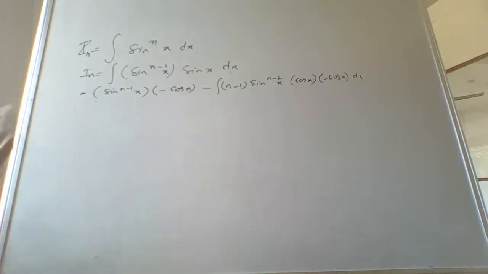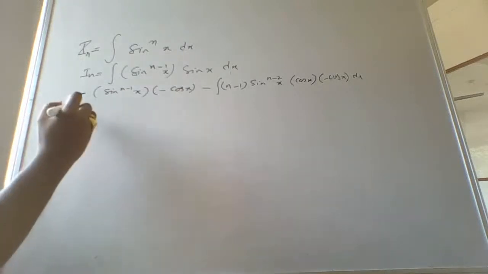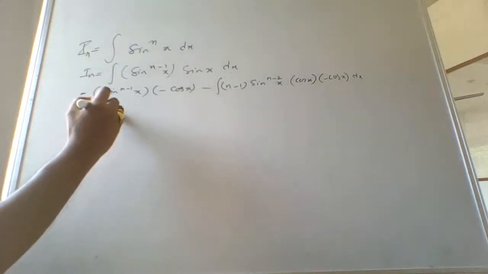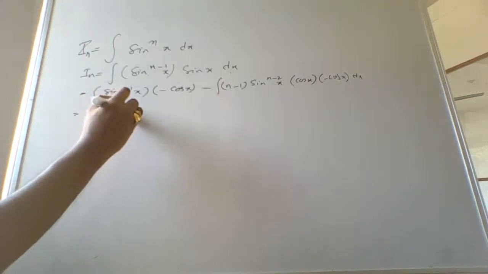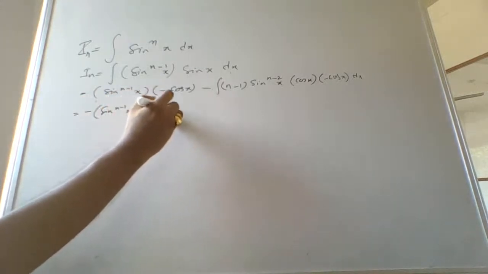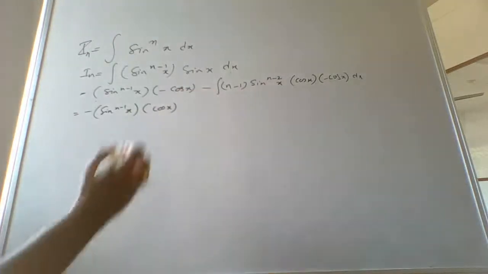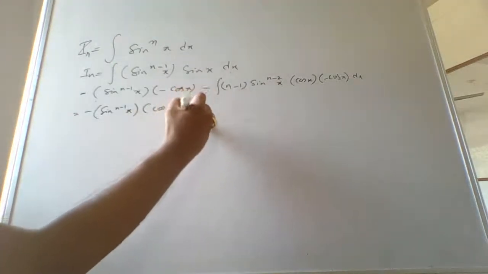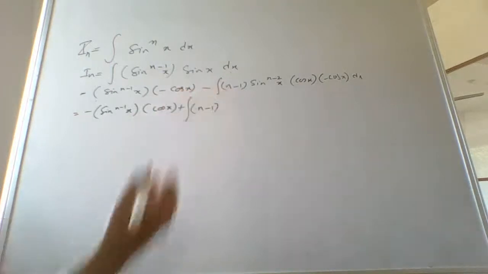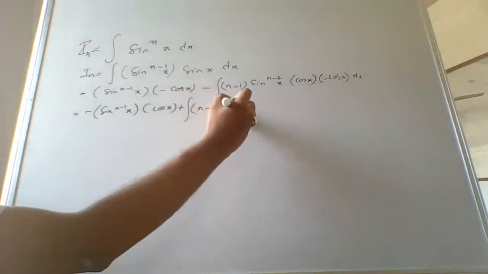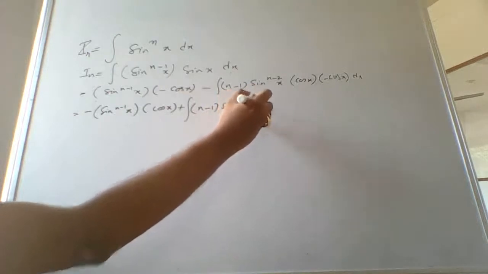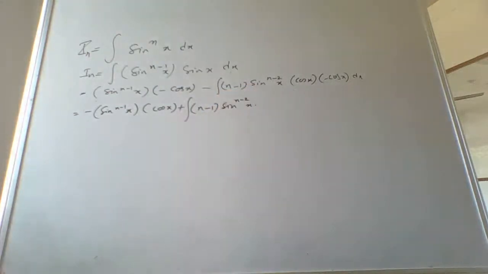Now let us try to simplify this further. If I take the minus outside, this is minus sine n minus 1 x cos x. Taking the minus outside, this becomes plus the integral of n minus 1 sine n minus 2 x, and this is cos square x.